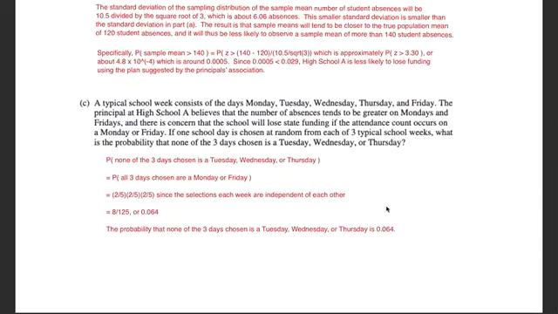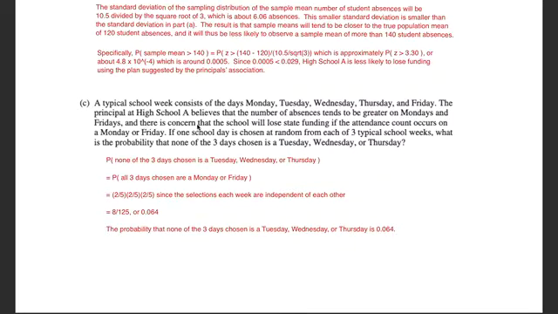So the last part of the question, don't assume that the last part of the question is typically the hardest part of the question. In this case, it's actually easier. A typical school week consists of the days Monday, Tuesday, Wednesday, Thursday, and Friday, and the principal at high school A believes that the number of absences tends to be greater on Mondays and Fridays.